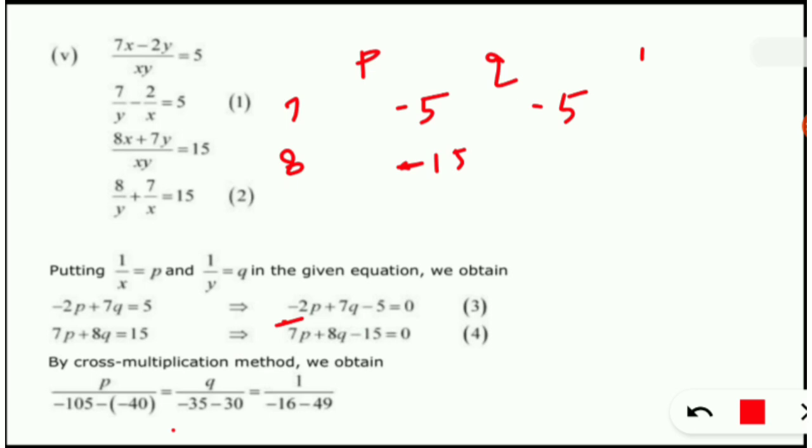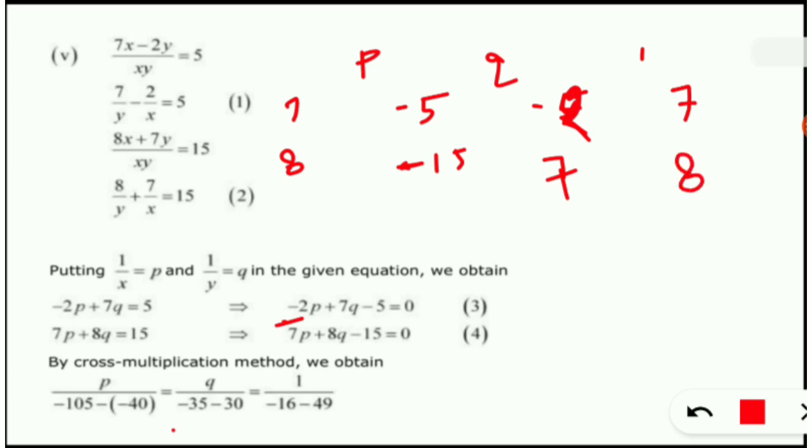For q, we neglect the coefficient of q, that means we take the coefficients minus 2 and plus 7, and 7 and 8.